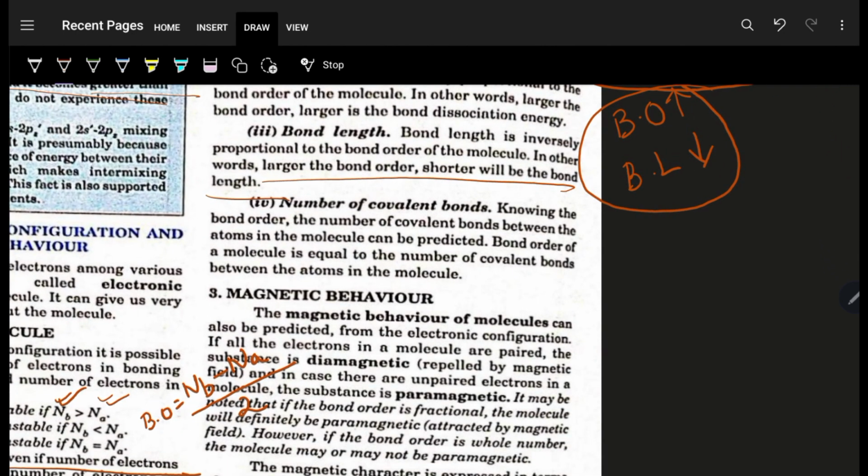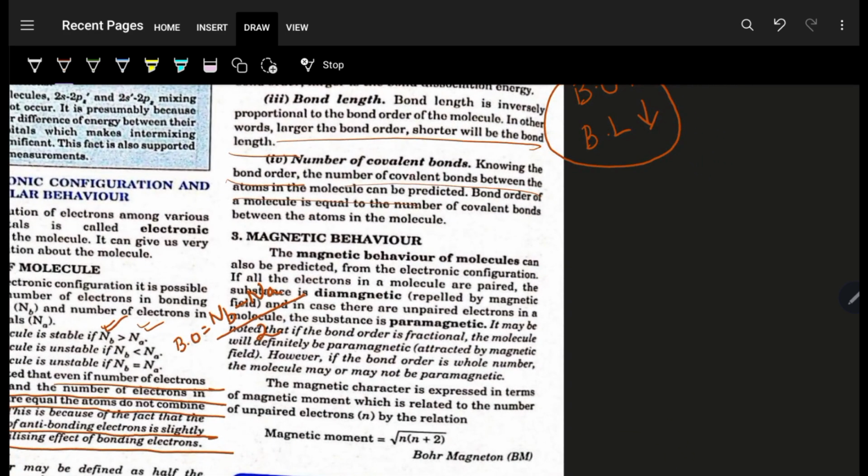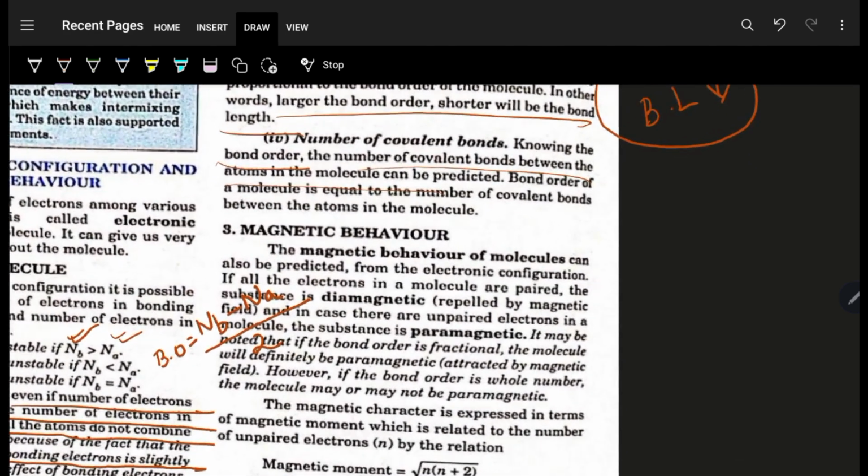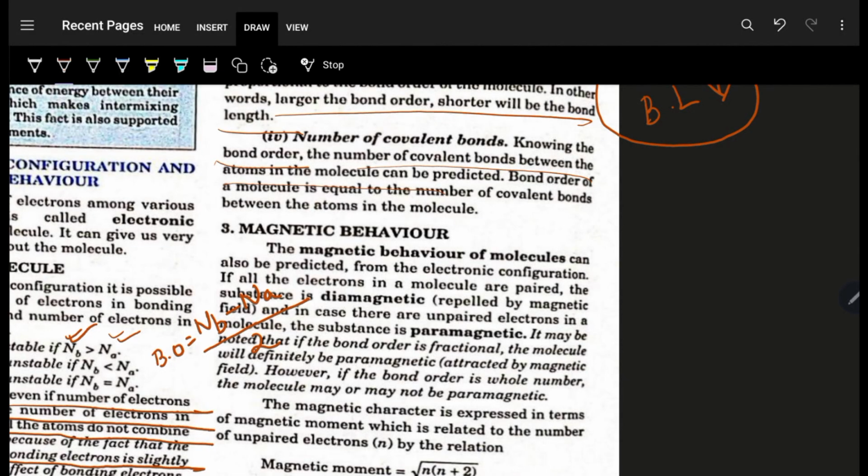Now, if you know the bond order, the number of covalent bonds between the atoms in the molecule can be predicted. The bond order of a molecule is equal to the number of covalent bonds between the atoms. If anyone asks how many covalent bonds will be formed, you can find the bond order, and that many covalent bonds will be formed.